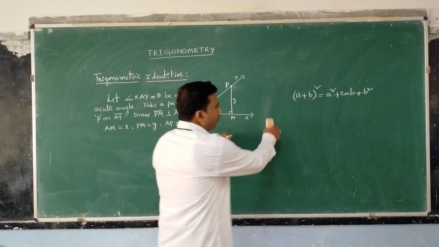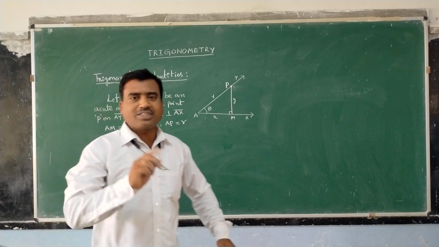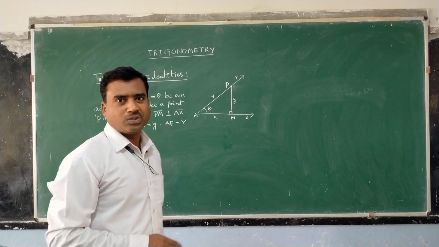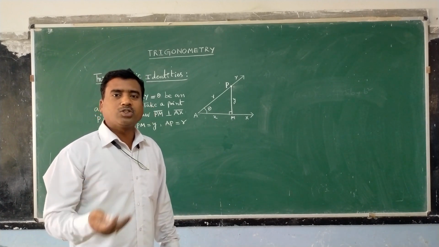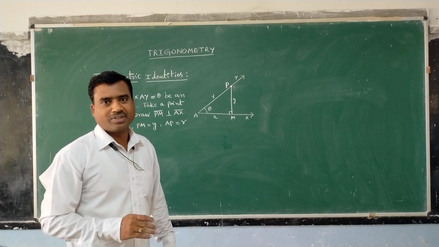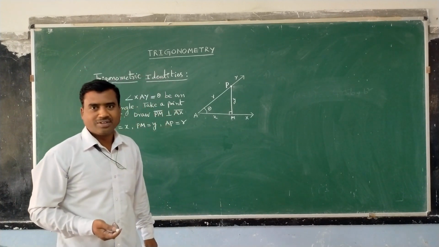Similarly, what is a trigonometric identity? An equation involving trigonometric ratios which is true for all values of the angle occurring in the equation is called a trigonometric identity.